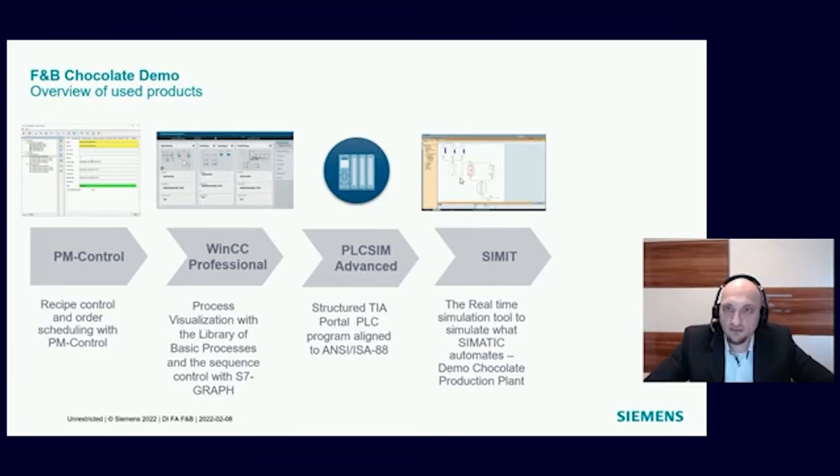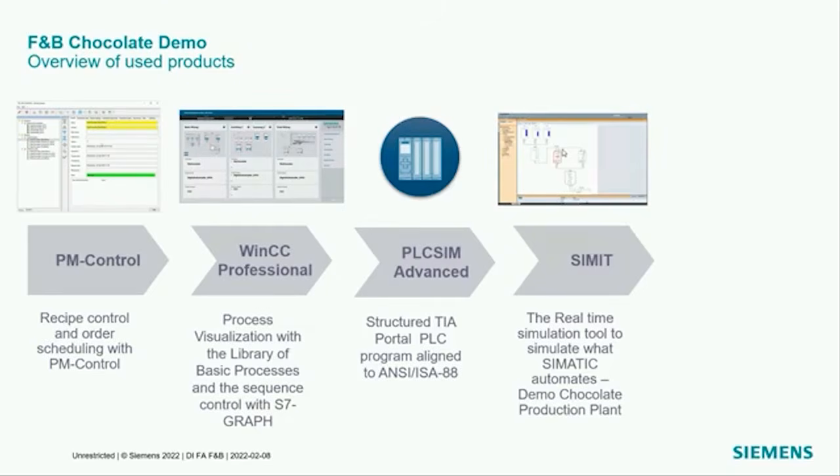So all material transfer from the storage tank to the weighing equipment to the conching equipment will be simulated in SIMIT. But we also simulate with SIMIT, traditionally, the valves and the control modules, so the entire behavior of the control modules, so that we are able to validate our screens, but also the PLC program. And with the combination of the material flow, we can even virtually create the traceability of our product.